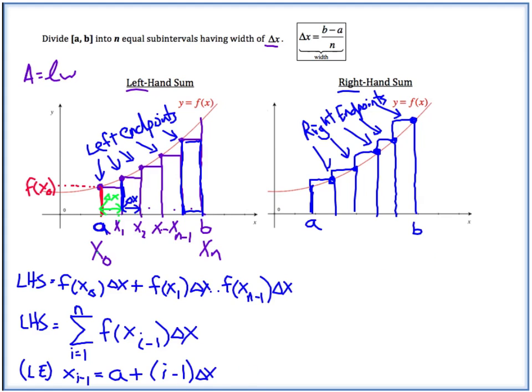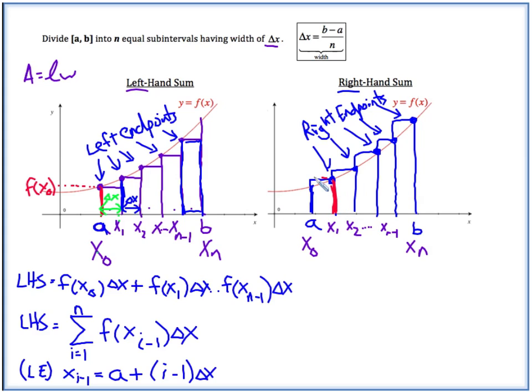Okay, now if we're looking at this problem, our x values are still the same: x sub 0, x sub 1, x sub 2, and so on and so forth. This would be x sub n minus 1, and here would be x sub n. Now, if we're trying to find our rectangle, the area is going to be this height times the width.